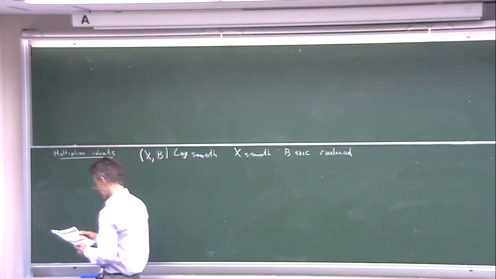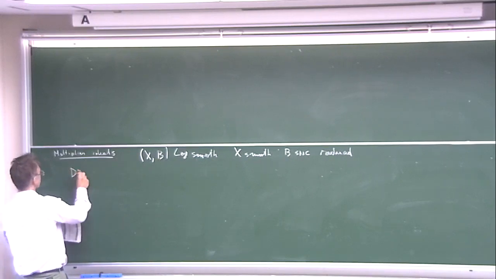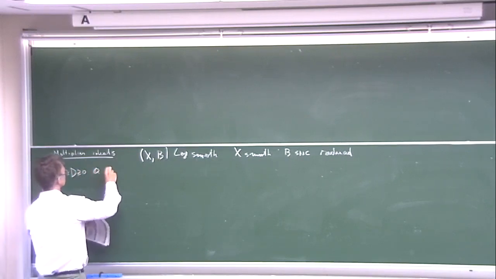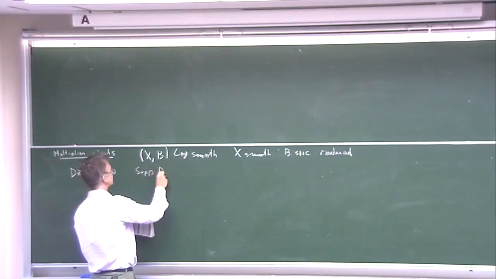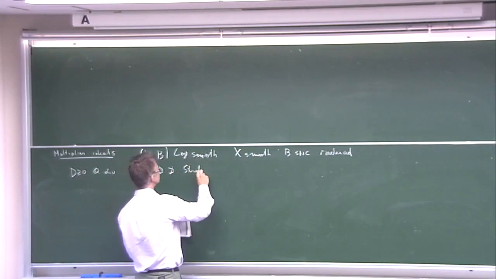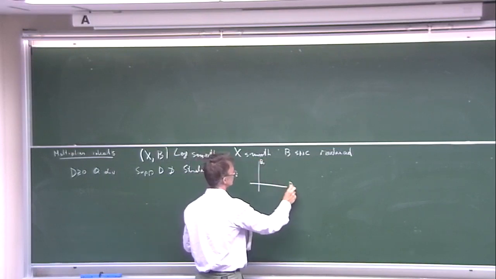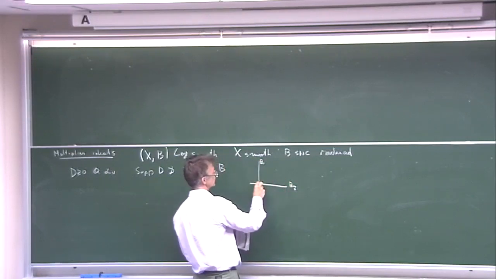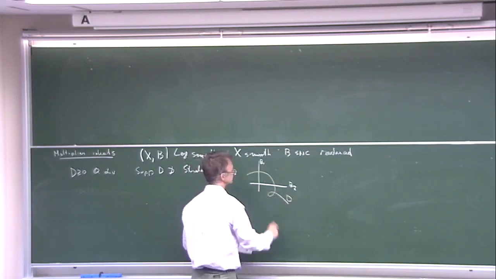Then I want to consider an effective Q-divisor D, and I want that the support of D does not contain any strata of B. So if this is what B looks like, D can't go through this point. That would be a stratum, but D could be something like that.